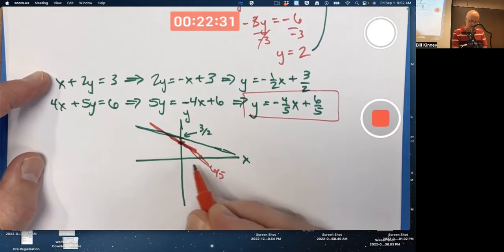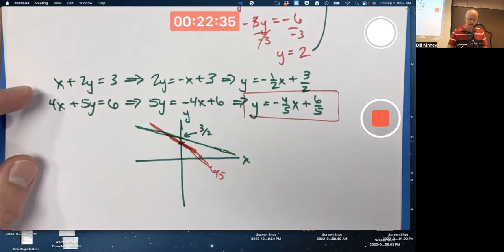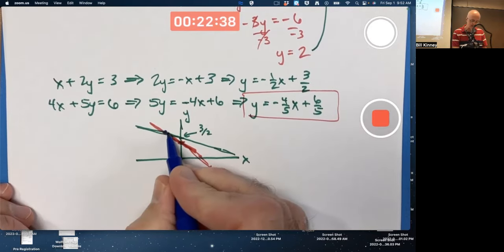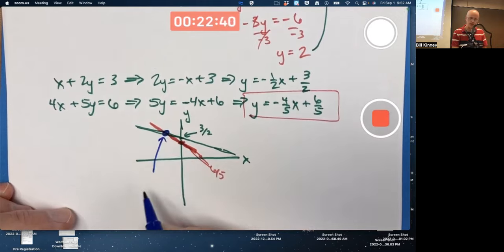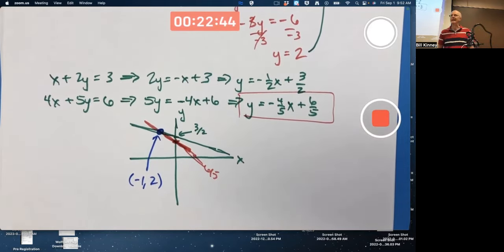And that y-intercept is 6/5. The solution is this point. It's the point of intersection, coordinates -1, 2. That is the unique solution. You've got two lines that have different slopes. They're going to intersect at one point, so there is going to be one unique solution.